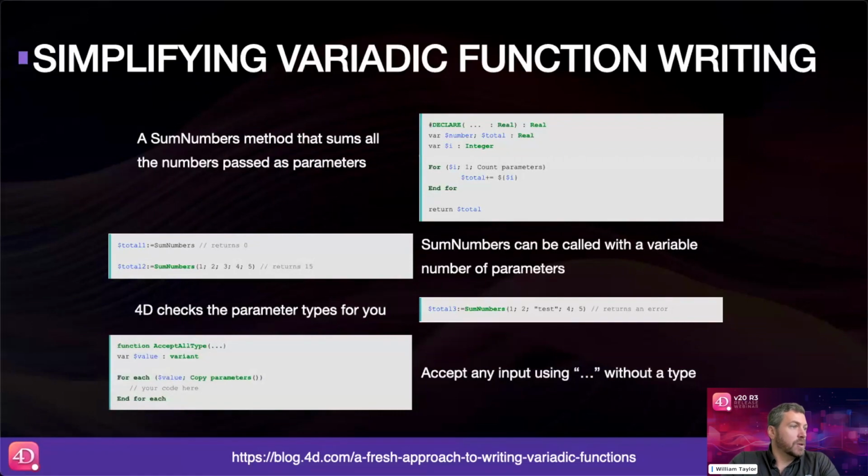And you can also accept any input by using the ellipsis, the 3 dots, without a type, and that brings everything in as a variant. So what you're doing here is you have a function, bring in a value of a variant, and for each thing, it copies the parameters and it does something. So whatever you need to do. So a lot of flexibility with this ellipsis inside of a method declaration. Cool.